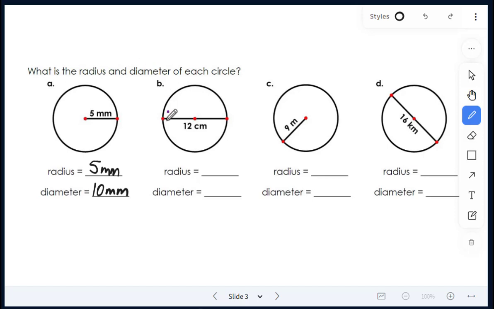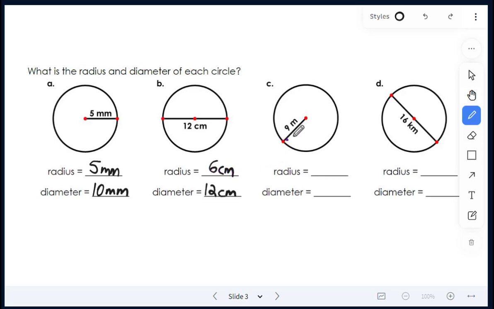For the next one, this is our diameter. It's all the way across the circle, so 12 centimeters. If our diameter is 12 centimeters, what will our radius be? Yep, we just divide it by 2, so half of 12, which will be 6 centimeters.